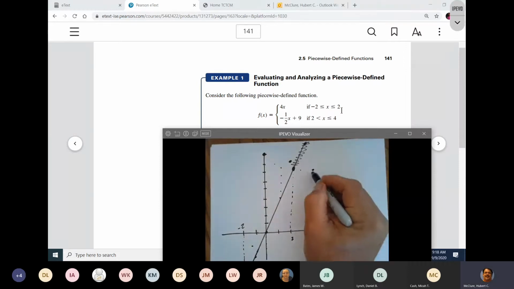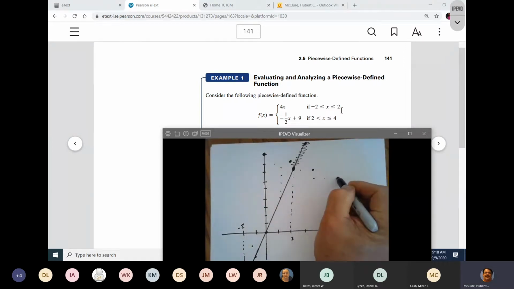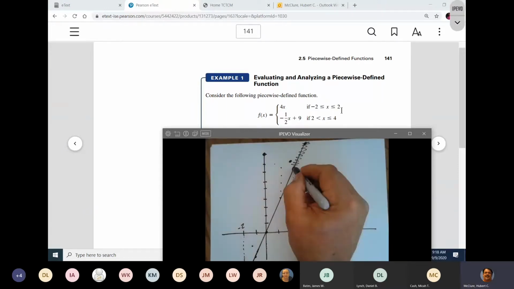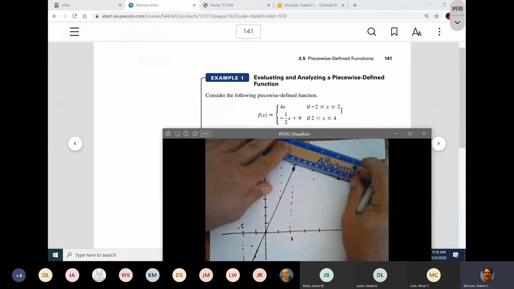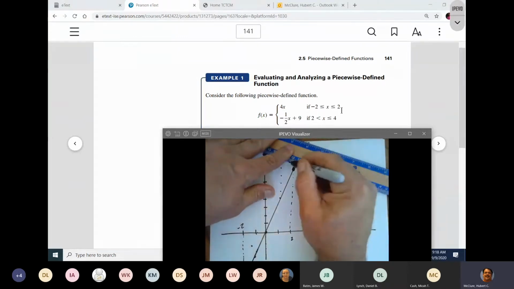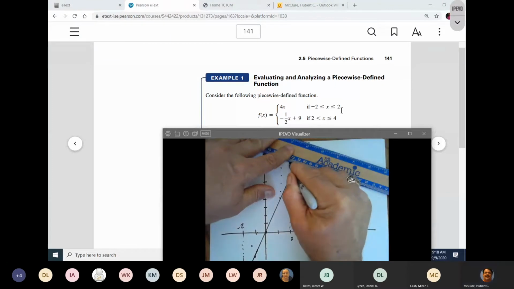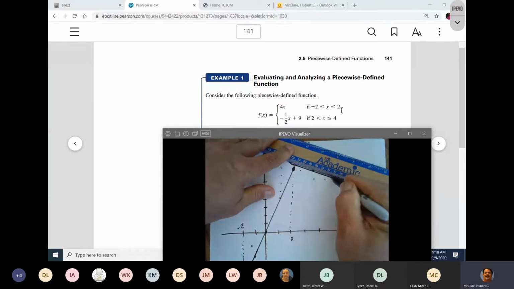And I'm going to do one more. But we know it only goes from 2 to 4. So it's going from here. There's 2 right there. So it's going right here to here.